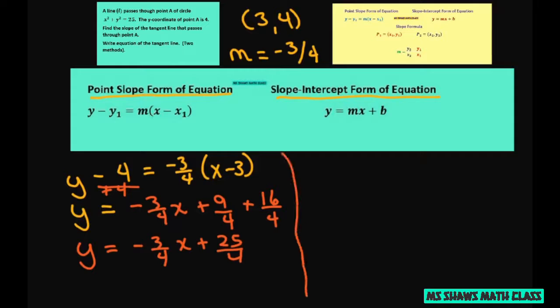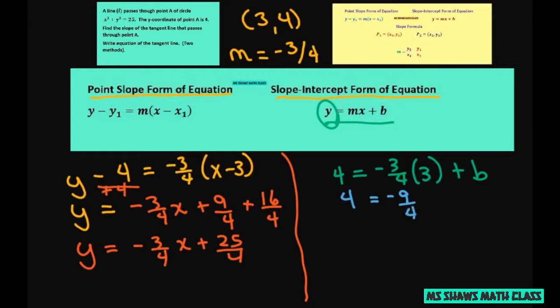Now, doing it in slope-intercept form, I should get the same thing. So if we use this method, we're just going to write y, which is 4, equals our slope, negative 3/4, times x plus b. And we're going to solve for b. So this is going to be 4 equals negative 9/4 plus b.